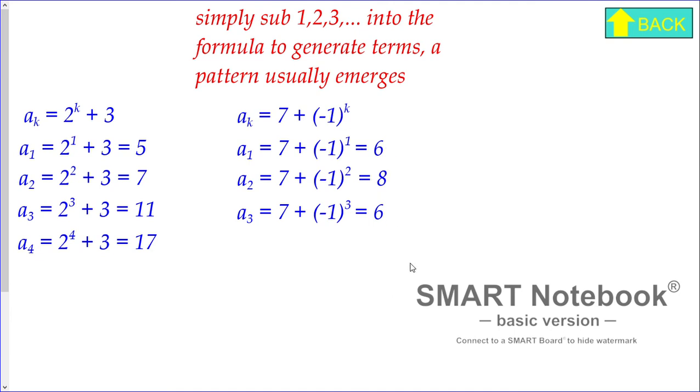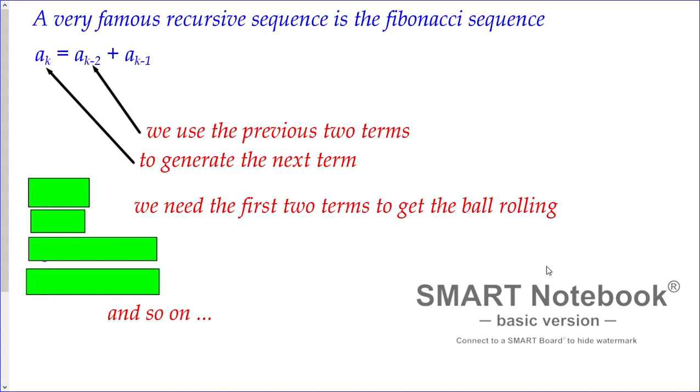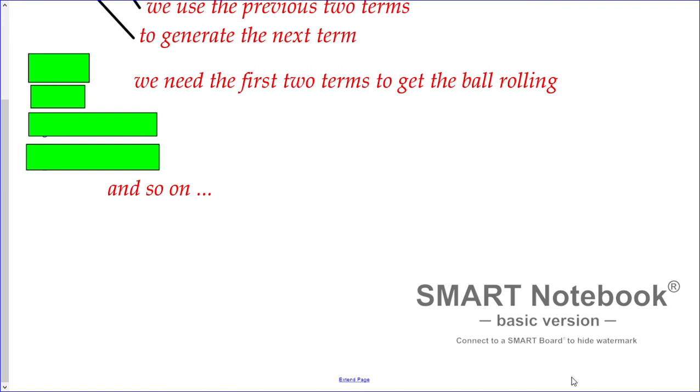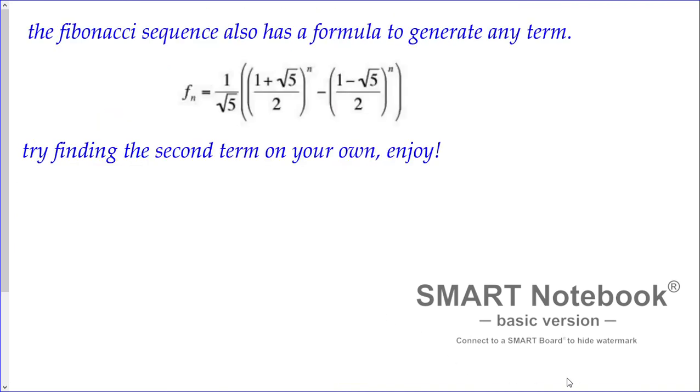Okay? I did want to look at one more thing just down here. Here it is. So, the Fibonacci sequence actually also has a formula you might be interested to learn.